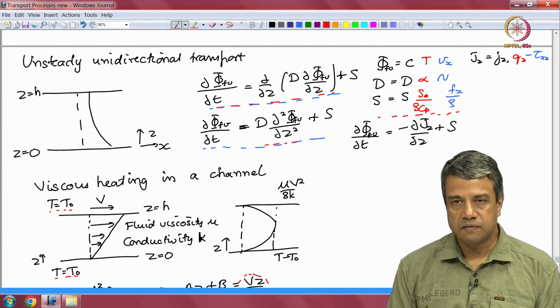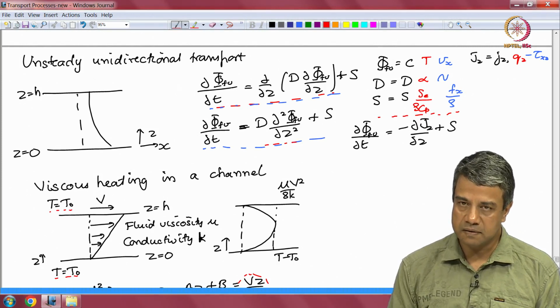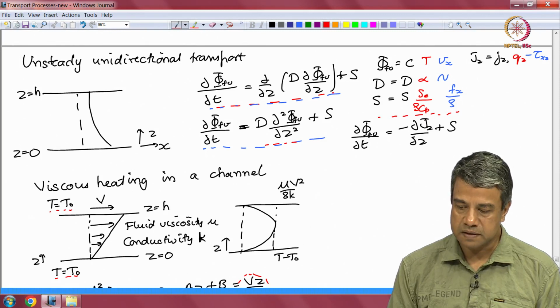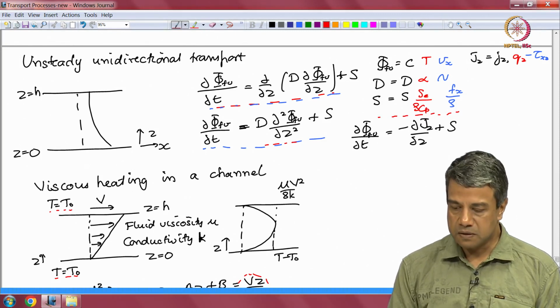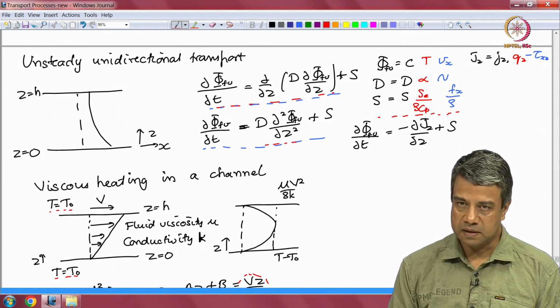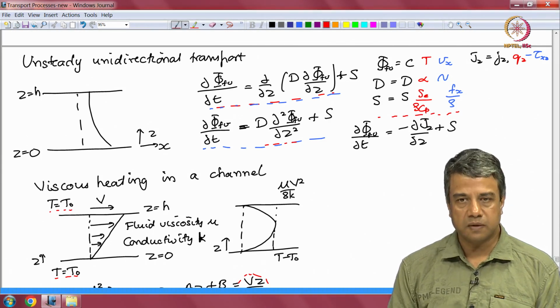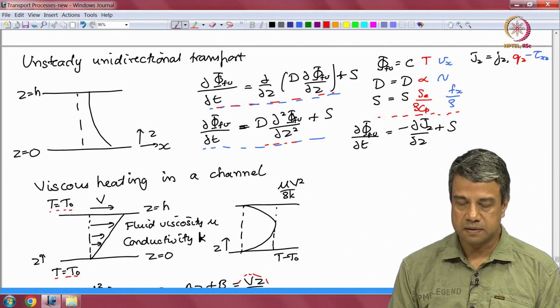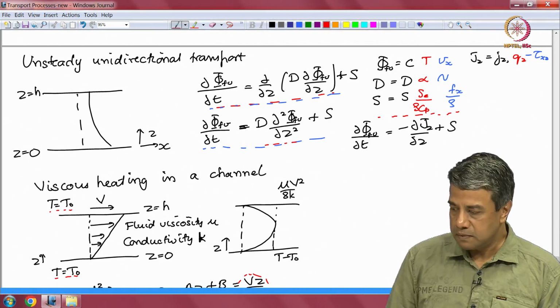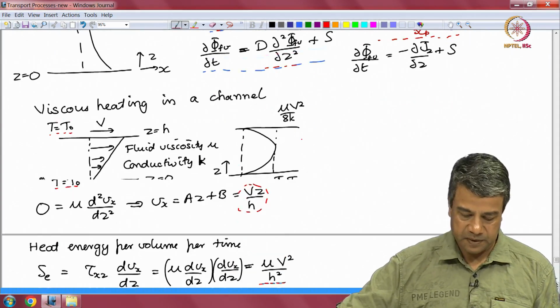If the source is 0, the gradient of the flux is 0, flux is a constant, field variable is a linear function. If the source is a constant, flux is linear because it is one integral, and the field variable is quadratic, two integrals. So, we considered different examples of each of these, all for steady state where there is no time variation.